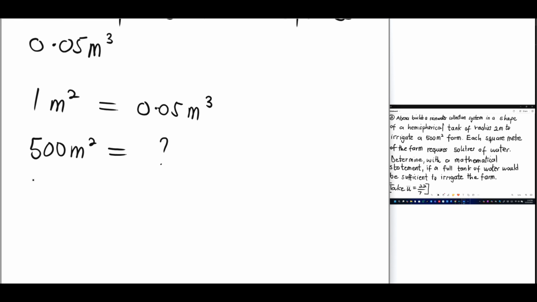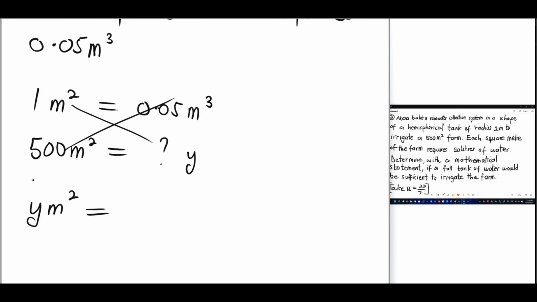All right, so what do we do? Cross multiply. Here you can put y, so it's going to be 1 times y meters squared, equal to this times this.